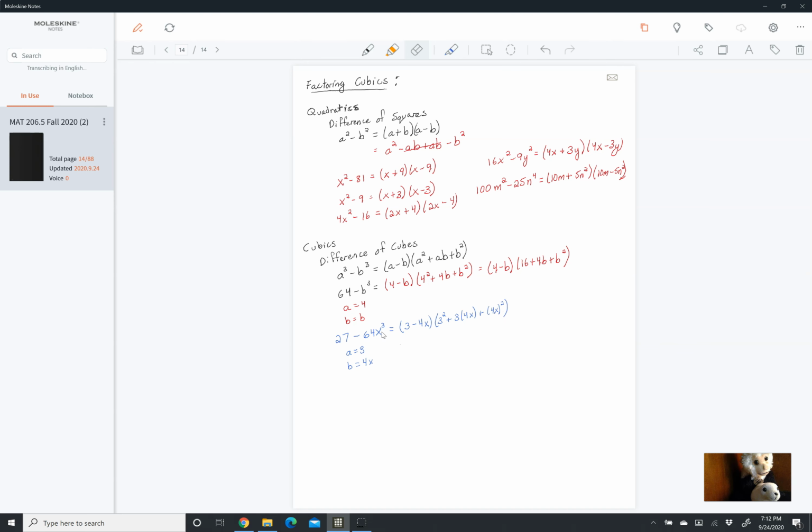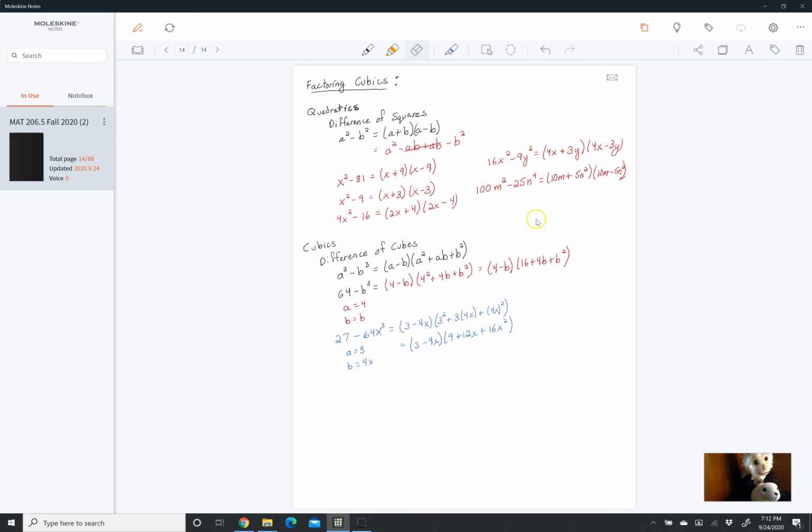And if we simplify this, we get 3 minus 4x times 9, since 3 squared is 9, plus 12x, since 3 times 4x is 12x, plus 16x squared, since 4x squared is 16x squared.